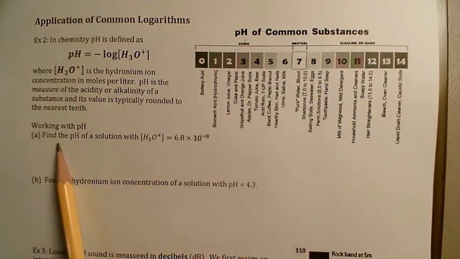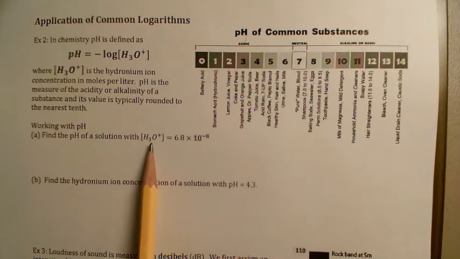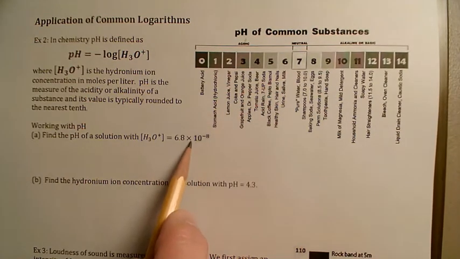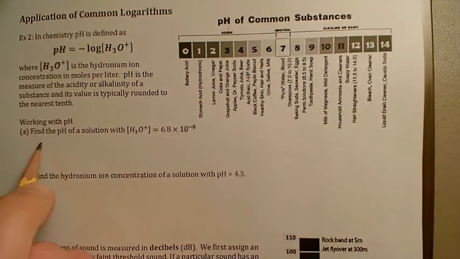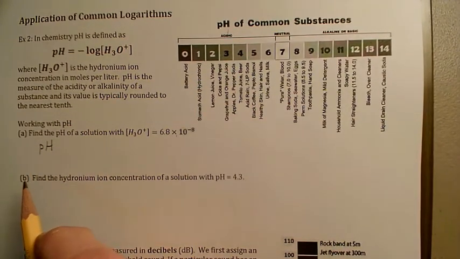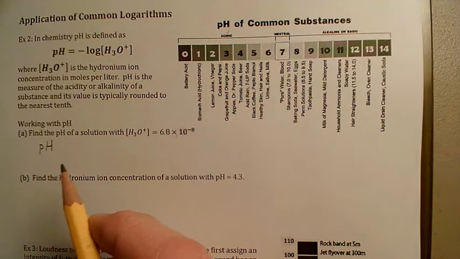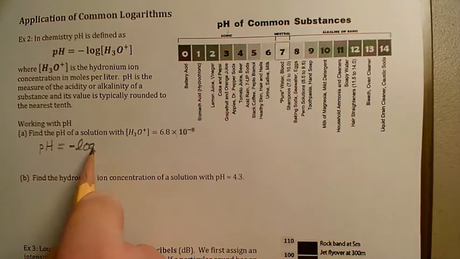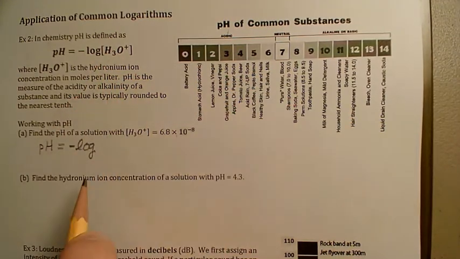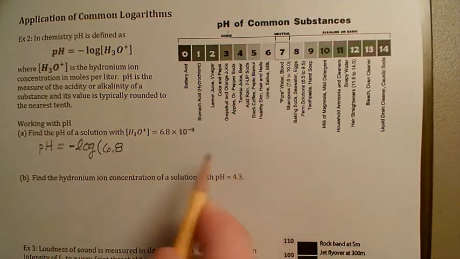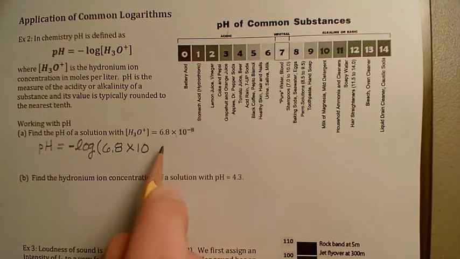So let's look. Find the pH of a solution with the hydronium ion concentration of this. All right, so that is this value in here. So we're looking for the pH. Usually pH is written with a small p, capital H. And so that is equal to negative common log, because notice there's no base there, so it's base 10, of 6.8 times 10 to the negative 8.